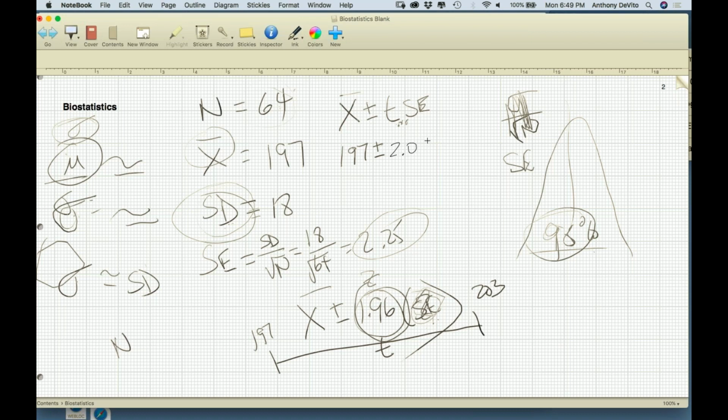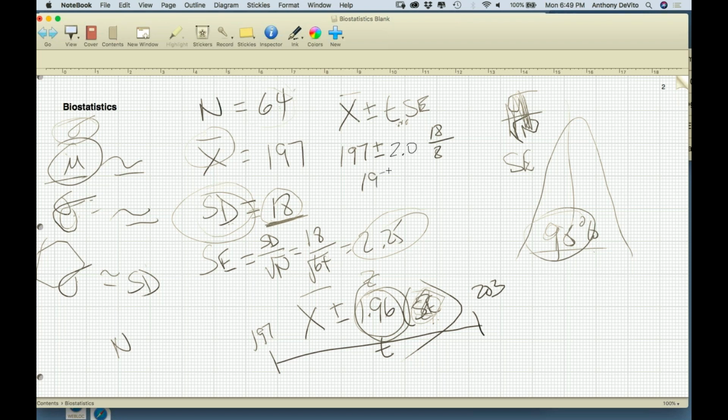And what's my standard error going to be equal to? It's going to be equal to the standard deviation of my population, which is really being estimated by the standard deviation of the sample. It's going to be 18 over the square root of the sample size, and the square root of 64 is 8, right?